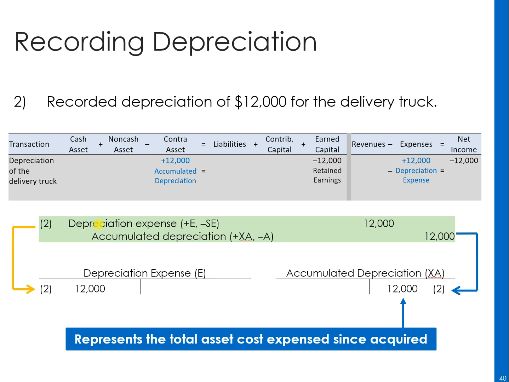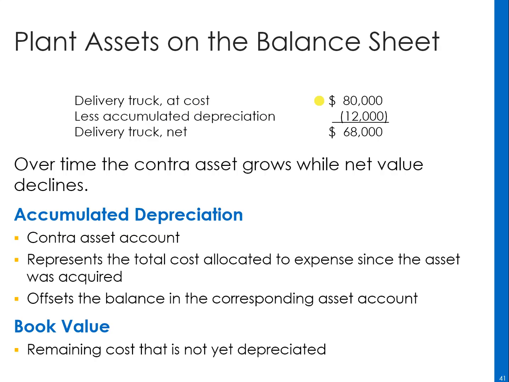So we're going to increase this depreciation expense account, cost account. We debit depreciation expense, and we credit this contra asset account, the accumulated depreciation account. A contra asset account on the balance sheet reduces our cost of asset. So on the balance sheet, we're going to see this presentation.